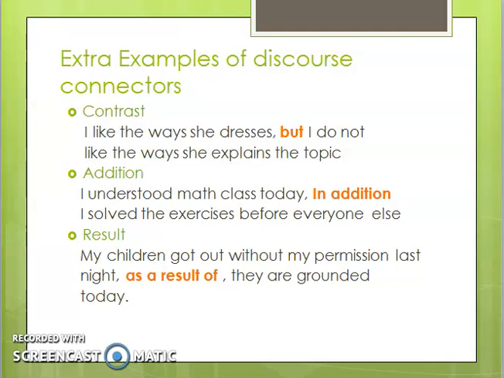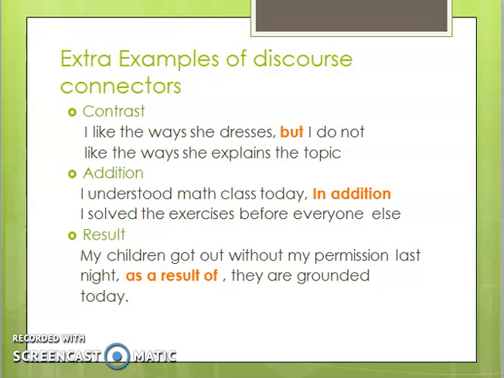We have addition. The example says, I understood math class today. In addition, I solved the exercises before everyone else. So this person is saying that he understood the math class, and what is more, he was able to answer all the exercises before other people. So it provides much more information here.